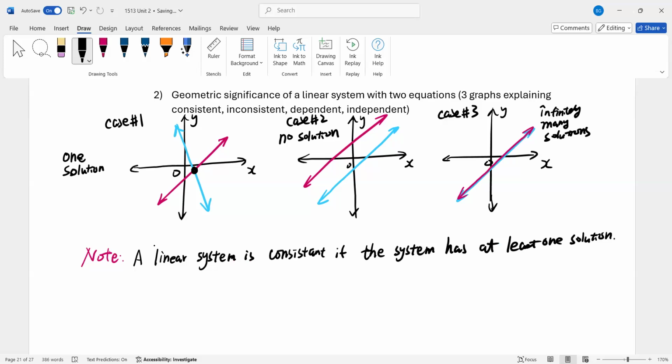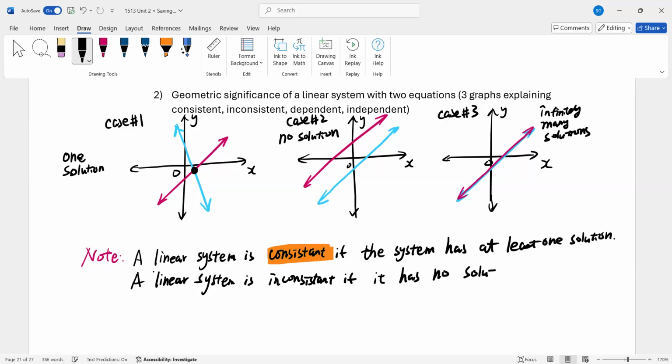Basically, if the system has at least a solution, then it is consistent. A linear system is inconsistent if it has no solution, like our case 2, right? No solution. So that's when we call it inconsistent.